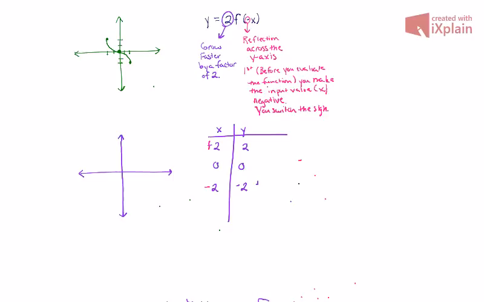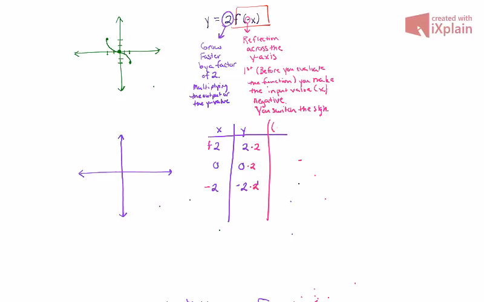Then what we would do at this point is note that we're multiplying the output, or the y value. Because if you notice, first we evaluate the function, we get our output value, then we multiply it by 2. So that means that we're going to multiply all of our output values by 2.